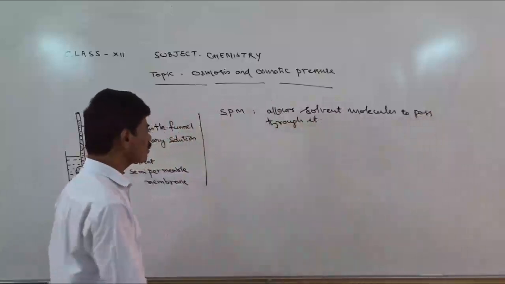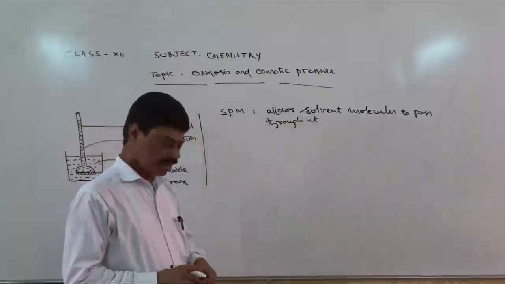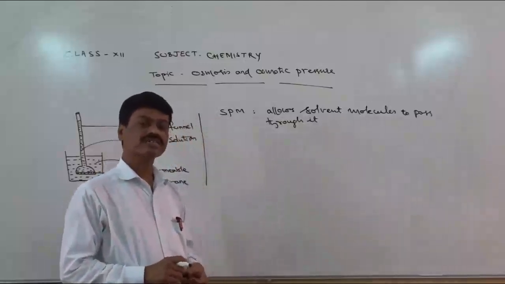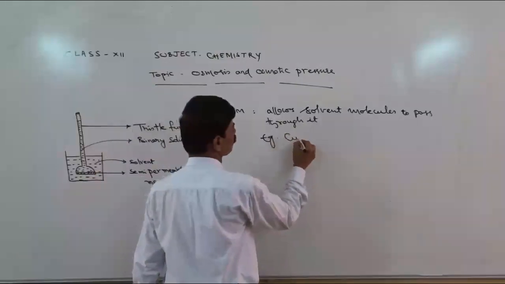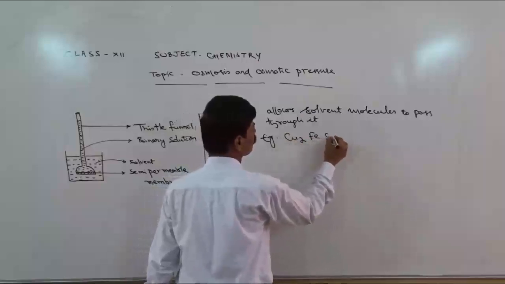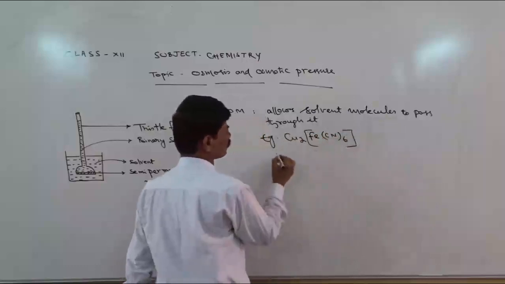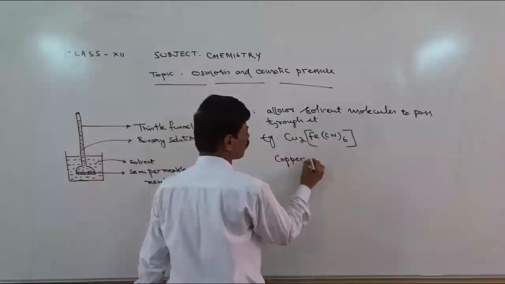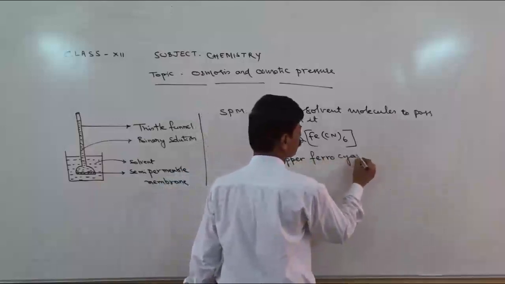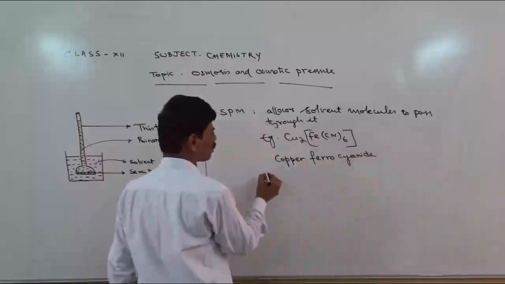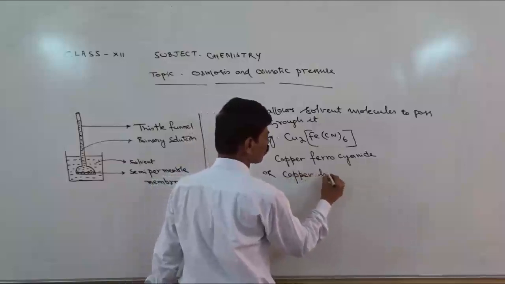The best example for this is the gallbladder, and the popular example is made up of a reagent, that is copper ferrocyanide. Its other name is copper hexacyanoferrate.